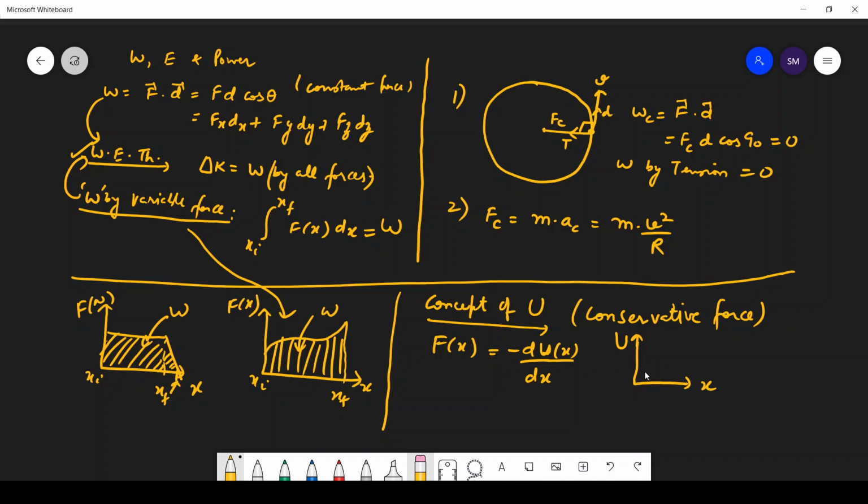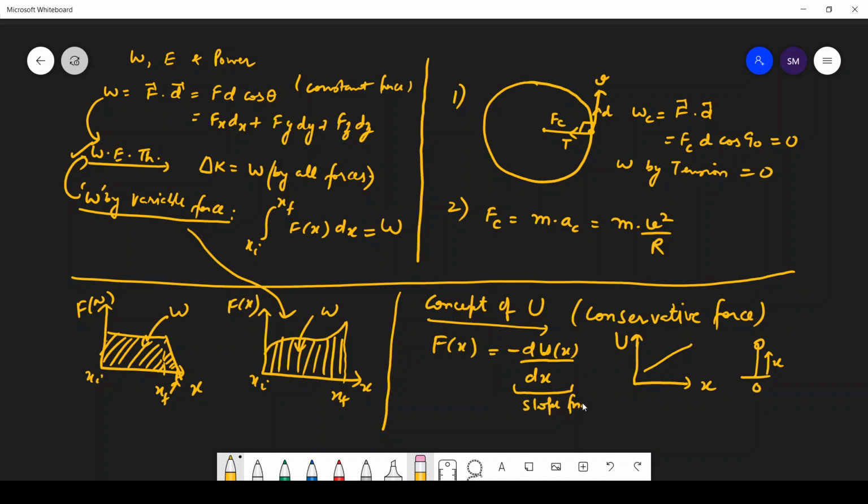This is the curve. Suppose as x is increasing, potential energy is increasing, like raising the ball, so x is increasing, so potential is increasing. So what is the force? Force is dU by dx. What is this differential telling you? This is telling you the slope function.